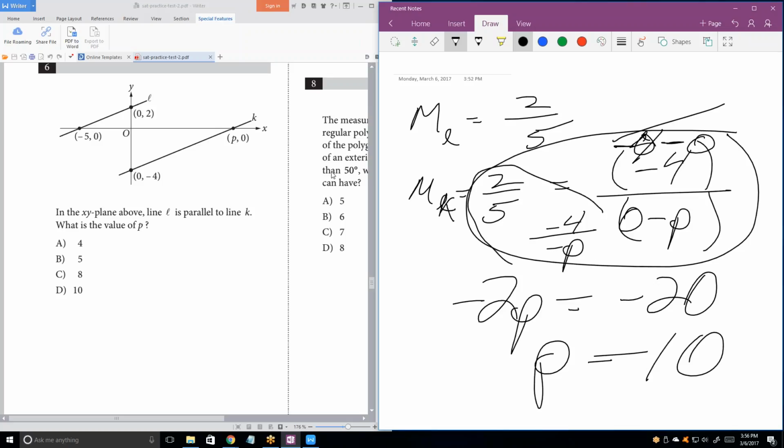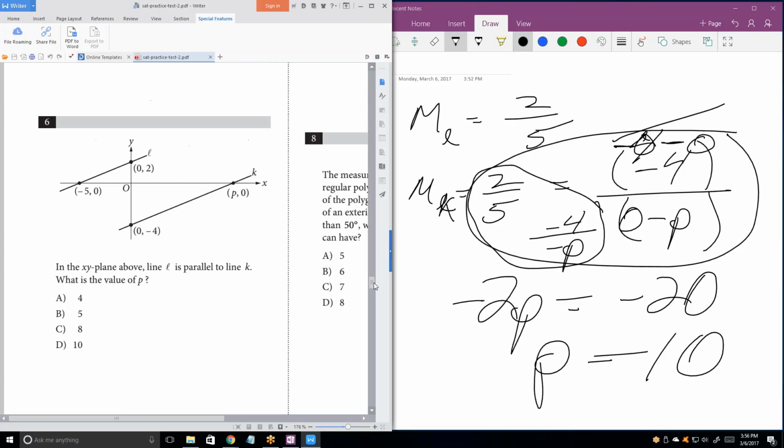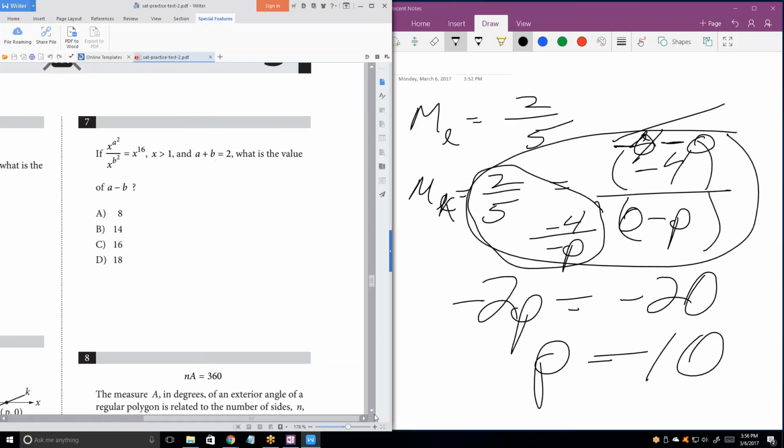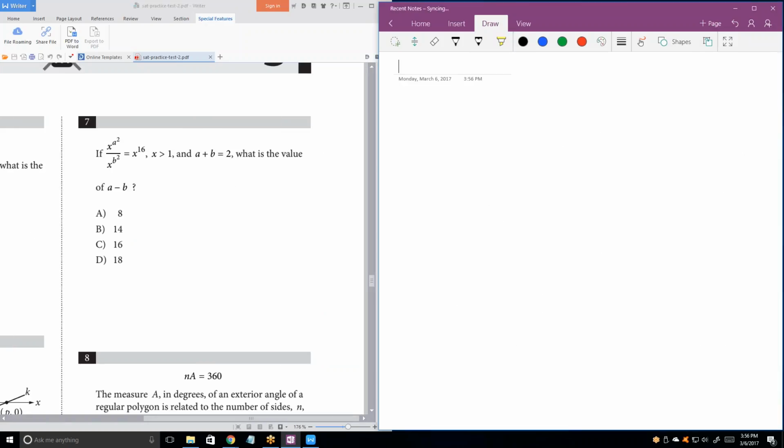And then you have to solve that equation and you get p equals 10, but I'm not sure how you did it so quick. I'm not going to question it though, especially on a test where speed is valuable.